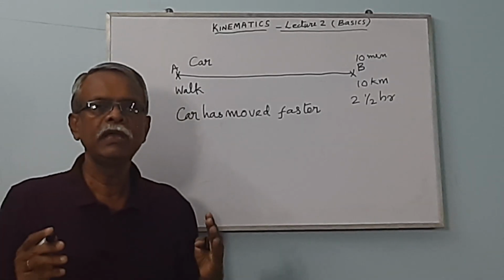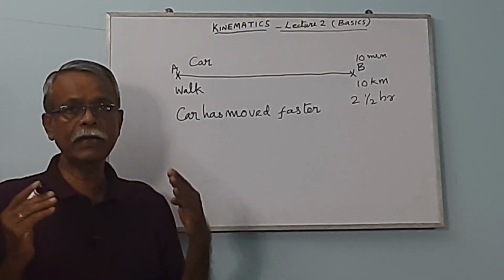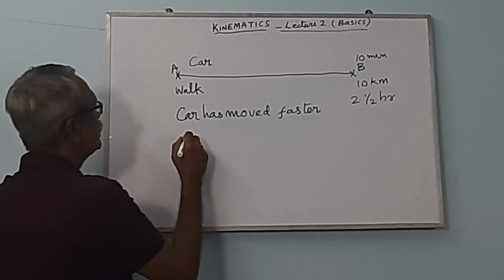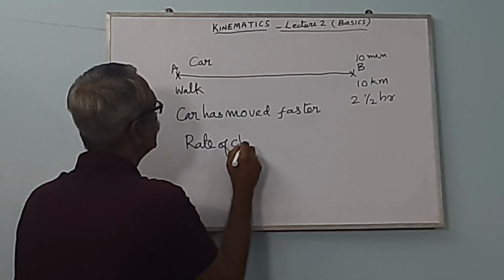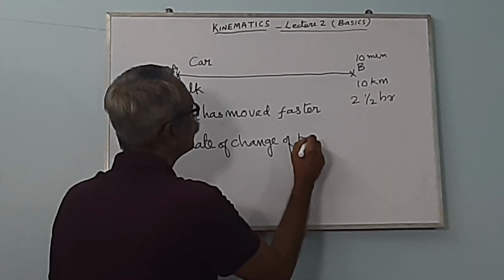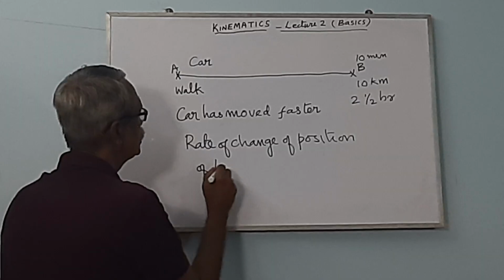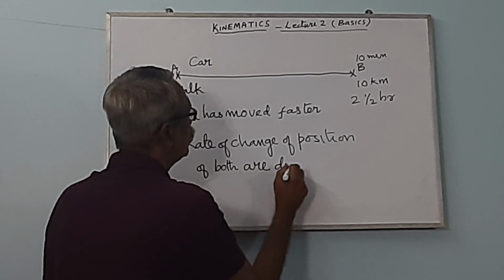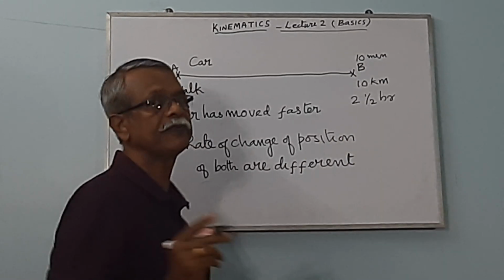And how do we take this idea in more technically perfect form? Technically, we say that the rate of change of position of both are different, even though the change in position for both travelers is the same.